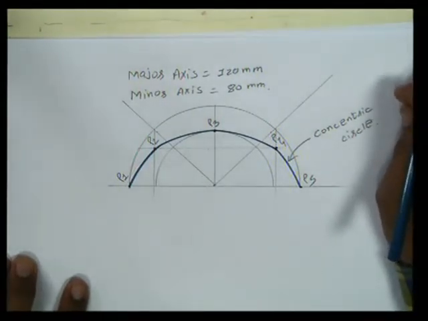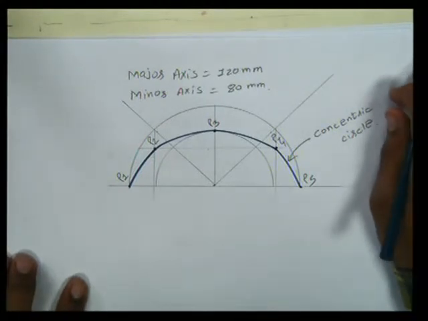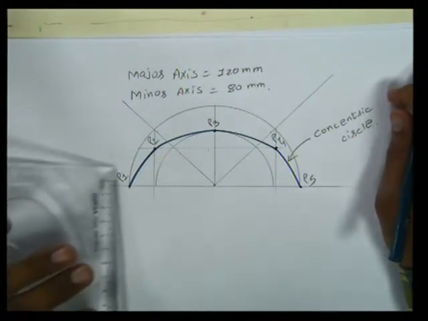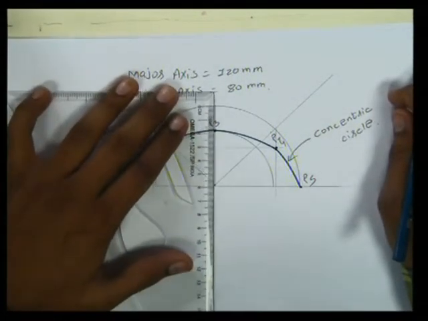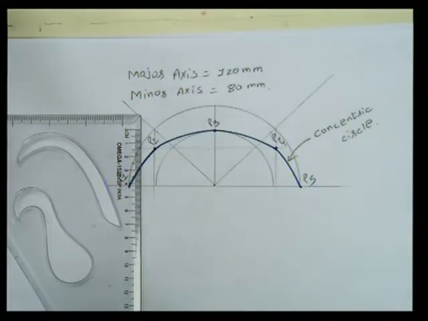Now we need to draw using the oblong method. For the oblong or rectangle method of ellipse, we need to draw a rectangle.